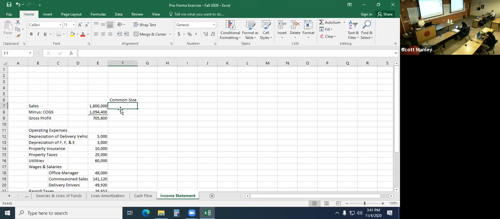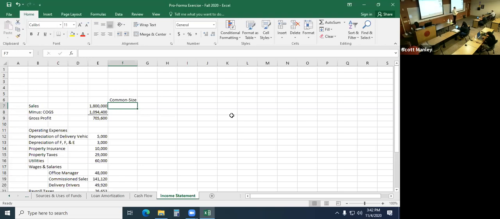So for our common sizing, we want to compare sales to sales. That really doesn't make a lot of sense when you think about it, but it could make sense about this. Sometimes on an income statement, you'll see it broken down a little more complex.